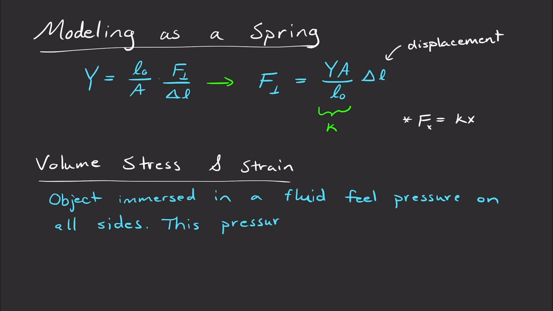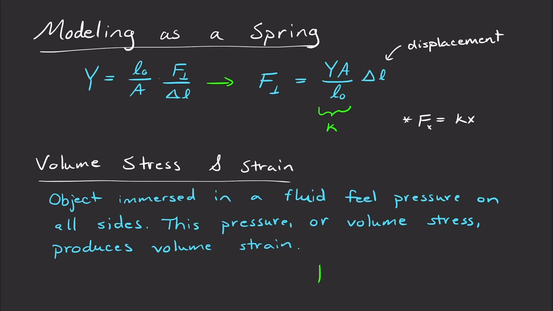Okay, and this pressure is kind of like a volume stress. So it's pushing on your entire volume from all directions. And that produces a volume strain. Okay, so you can imagine all of the water around you is pushing you, trying to shrink your volume.